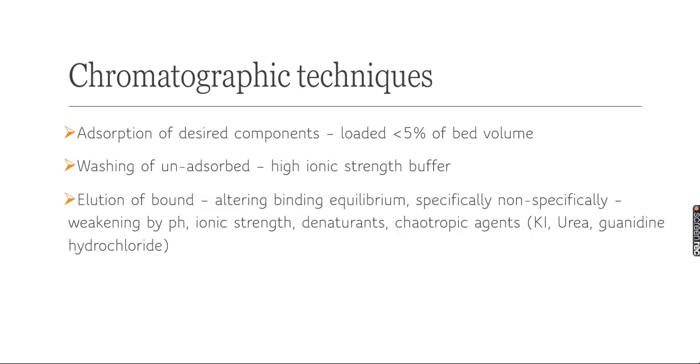Then we will use an elution buffer where the bound compound will be released, which will alter the equilibrium of the binding, or non-specifically weaken the strength of the binding or association. It can be done by changing pH or ionic strength. Some denaturants, some chaotropic agents like urea and guanidine hydrochloride, can be used to aid in the elution process.